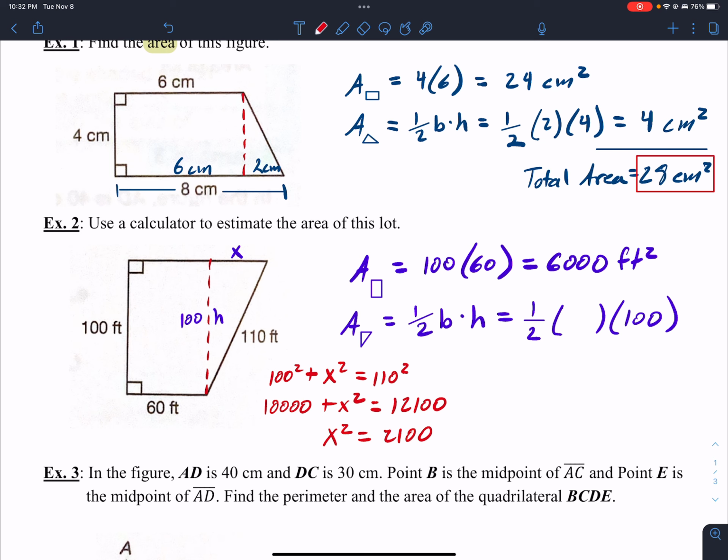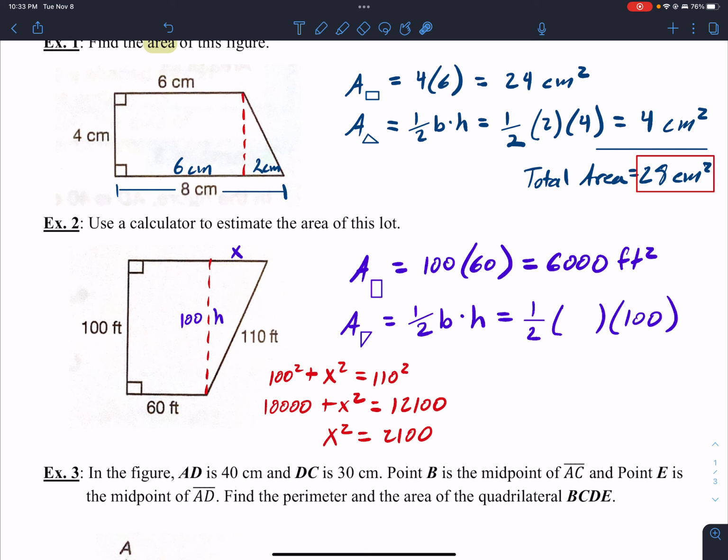2,100, yeah, that makes sense. And it does say to estimate the area. The question then would be, what number do we have to square to get close to 2,100? Well, if we have a calculator, we can estimate our final answer. It comes out to about 45.8. 46 squared is 2,116, and 45 squared is 2,025.